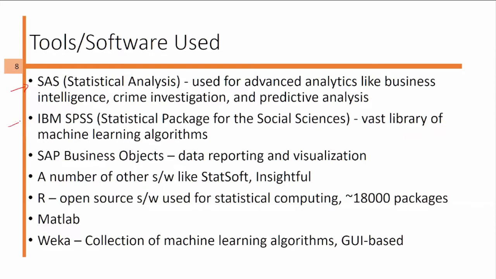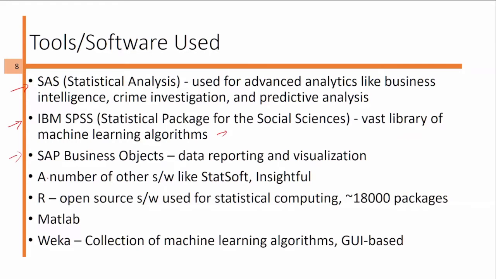And then we also have SPSS, Statistical Package for Social Sciences. This is also a very old package, and also a very popular one. It has a vast library of machine learning algorithms. And this is also a commercial software. So these are all commercial softwares.